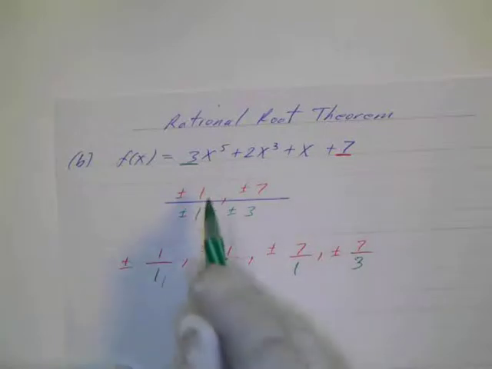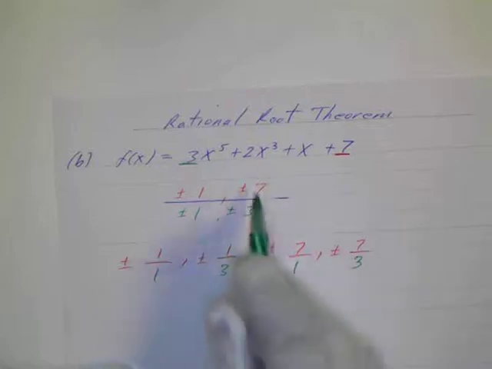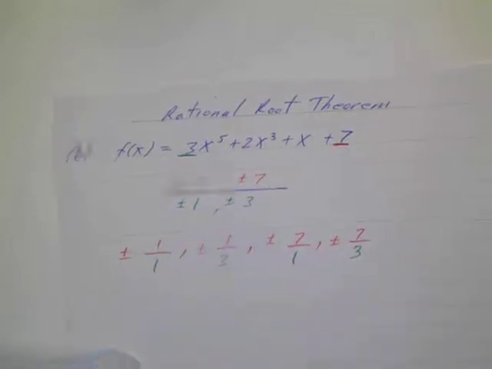So there you go: 1 over 1, 1 over 3, 7 over 1, 7 over 3. So you do it systematically like that, then you get them all listed.